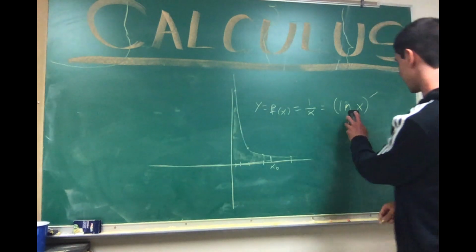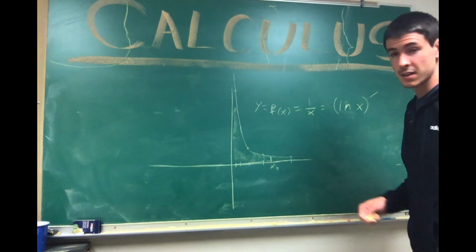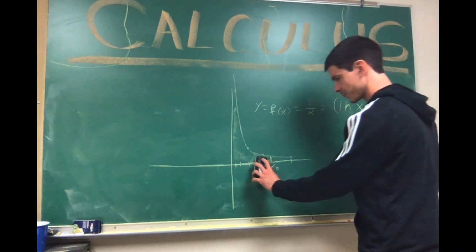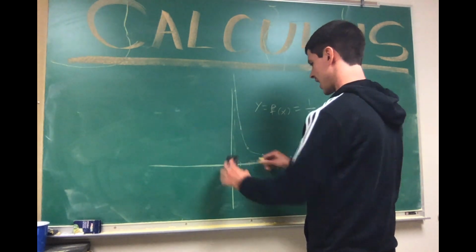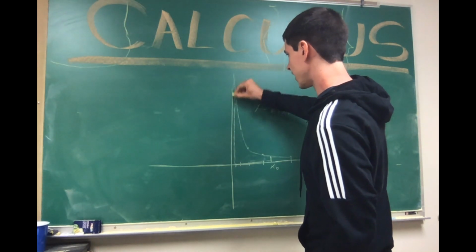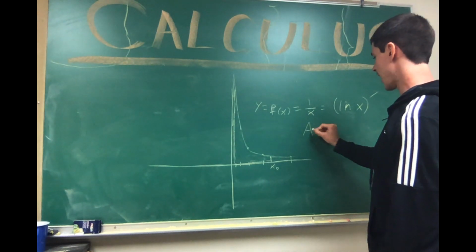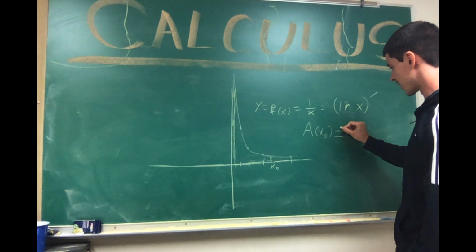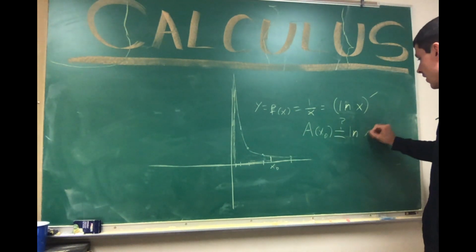It's going to be something like the natural log of x, right? Well, okay, so what if that were the case? Then as we went back here, does A of x0 equal, question mark, the natural log, ln of x?